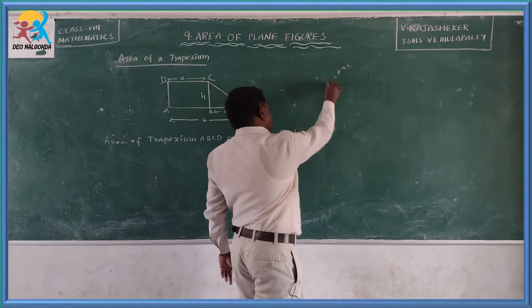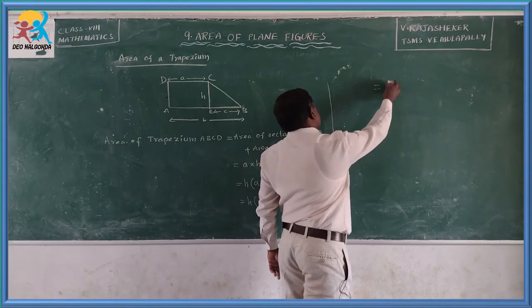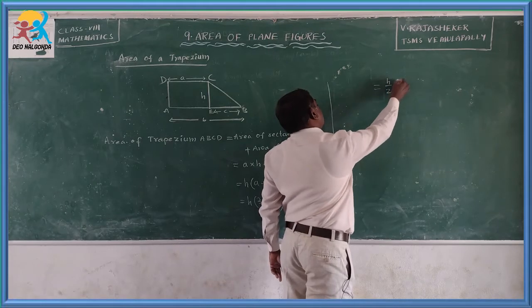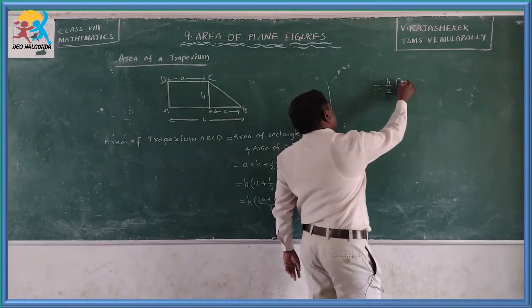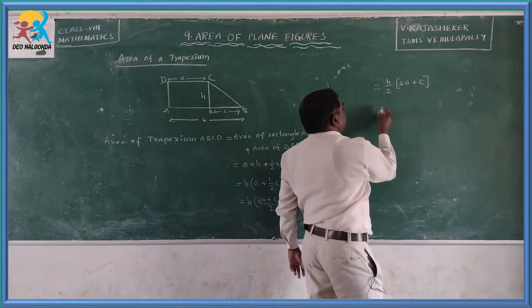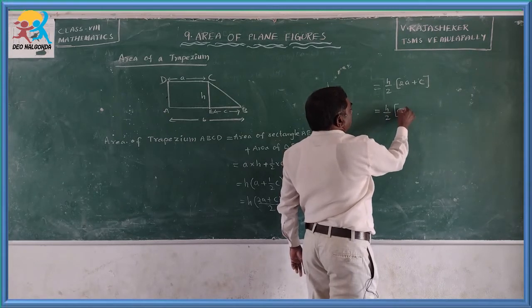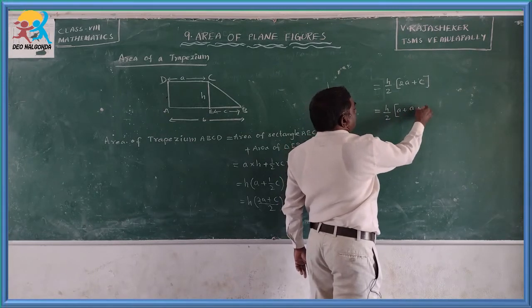This is equal to h by 2 into 2a plus c. This can be written as h by 2 into a plus c.